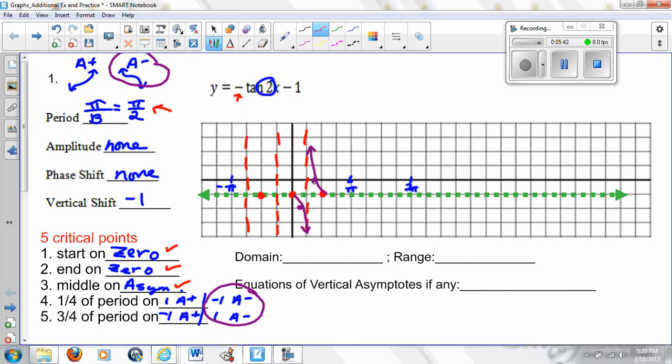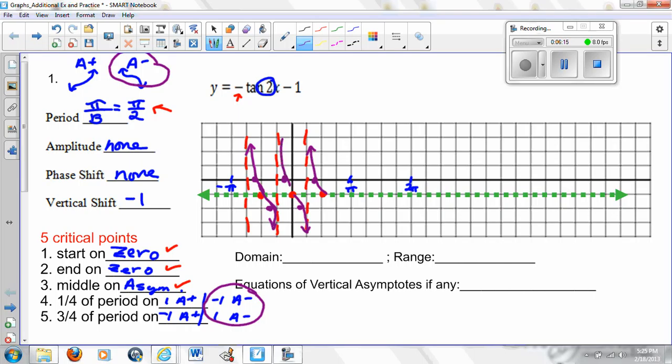My other points, which are my quarter points, would be 1 here, then -1 here, and then +1 there. So I'll go ahead and connect those, keeping my graph in line with my asymptote.